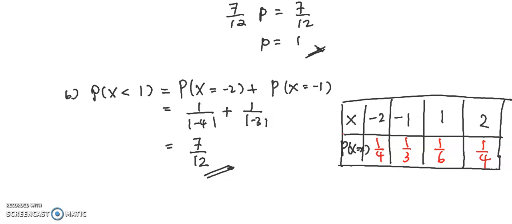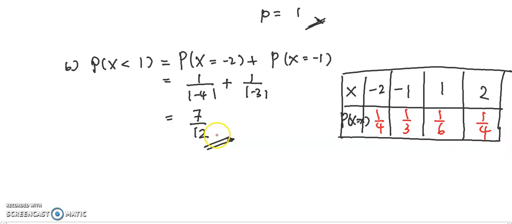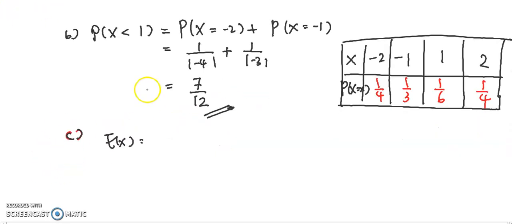For question 5C, we need to find the mean, the variance, and the variance of 2X plus 3. For this question, it's easier for me to get my table ready first, so I can easily trace the values of x and p.